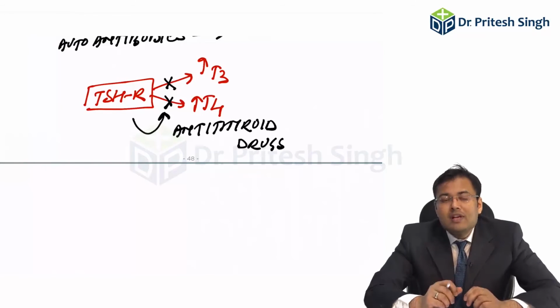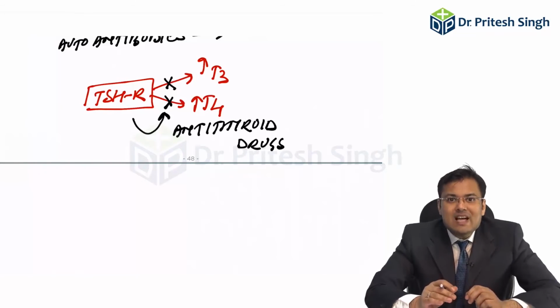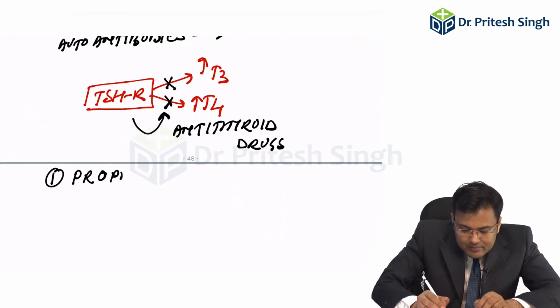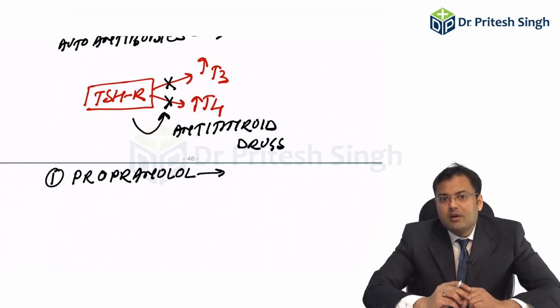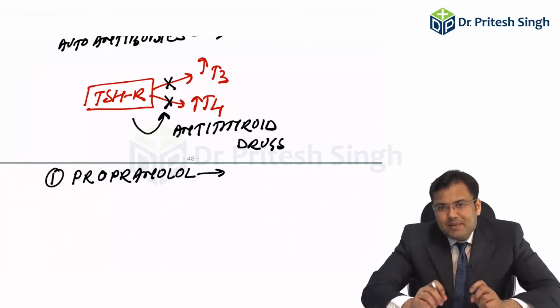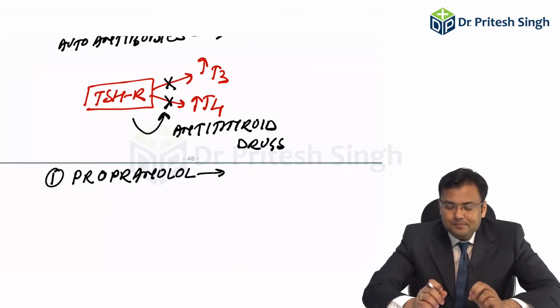So to control sympathetic stimulation, signs and symptoms, we give non-selective beta blocker, and that is propranolol. So the first drug given is non-selective beta blocker, propranolol. It is going to take control of sympathetic signs and symptoms.